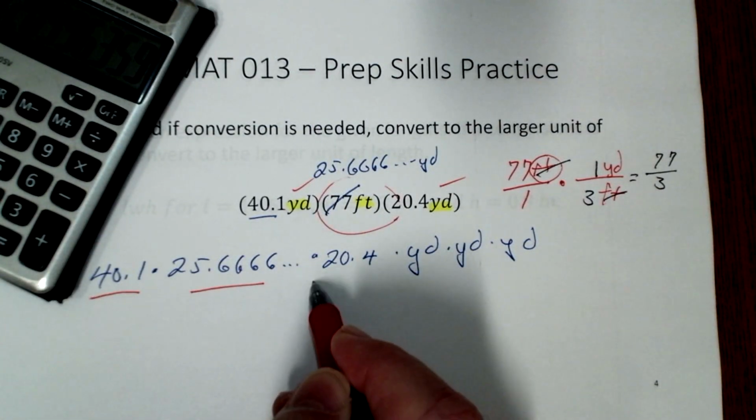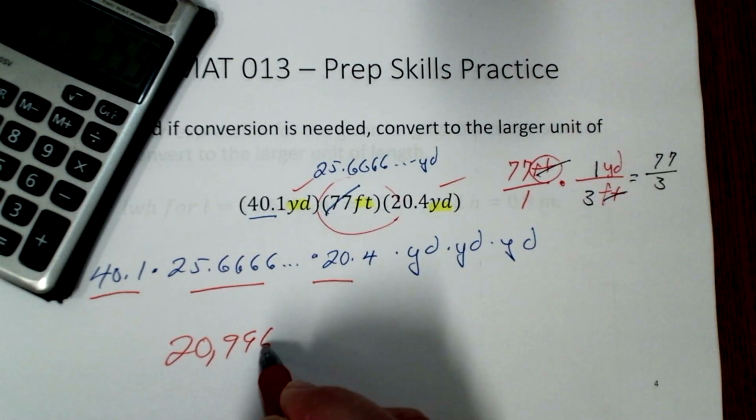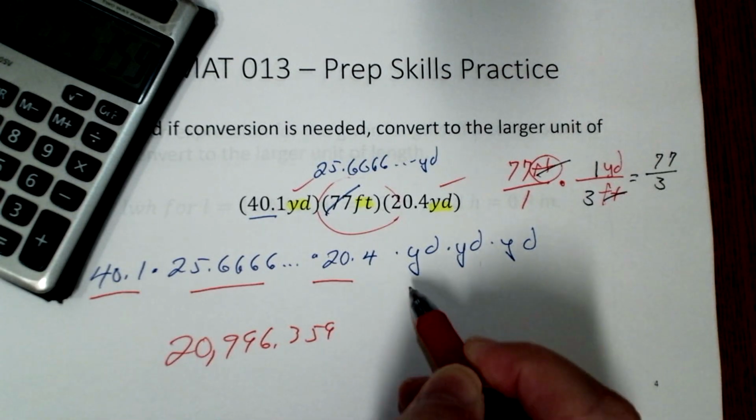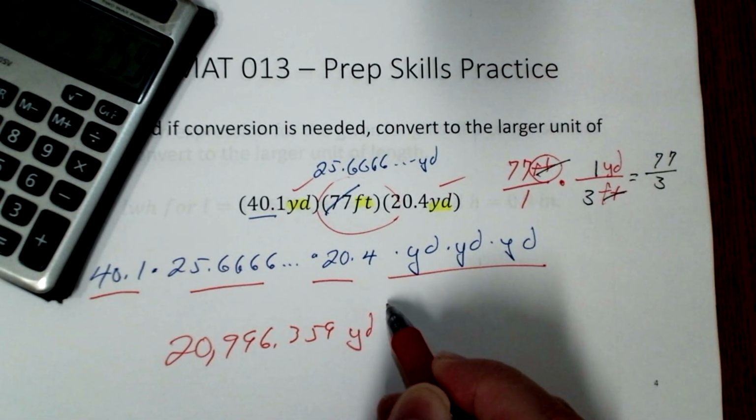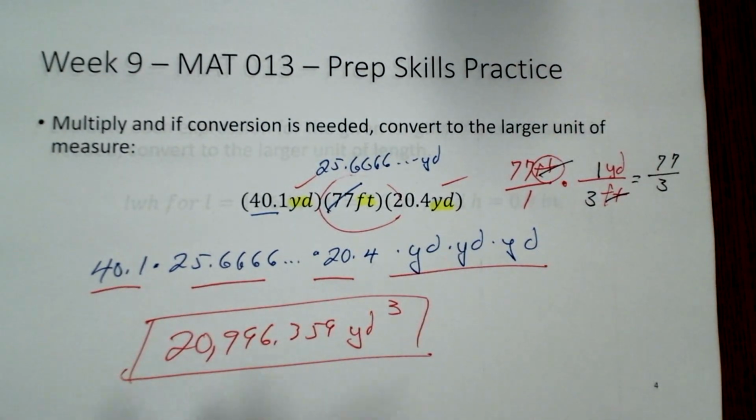Multiply that times that times that, we get 20,996.359. And how many yards do we have? We have 3 of them. So we end up with a final solution here of 20,996 and 359 thousandths of a yard cubed, cubic yards.